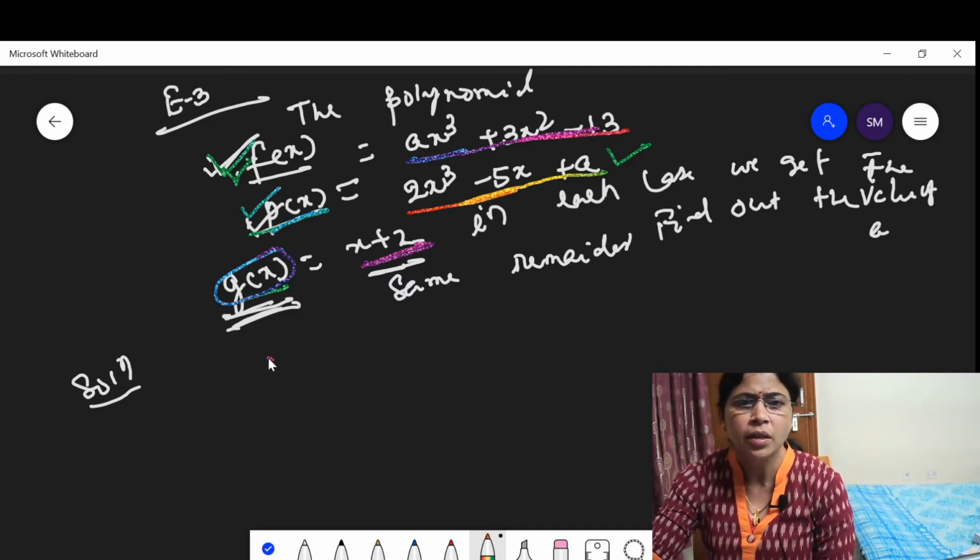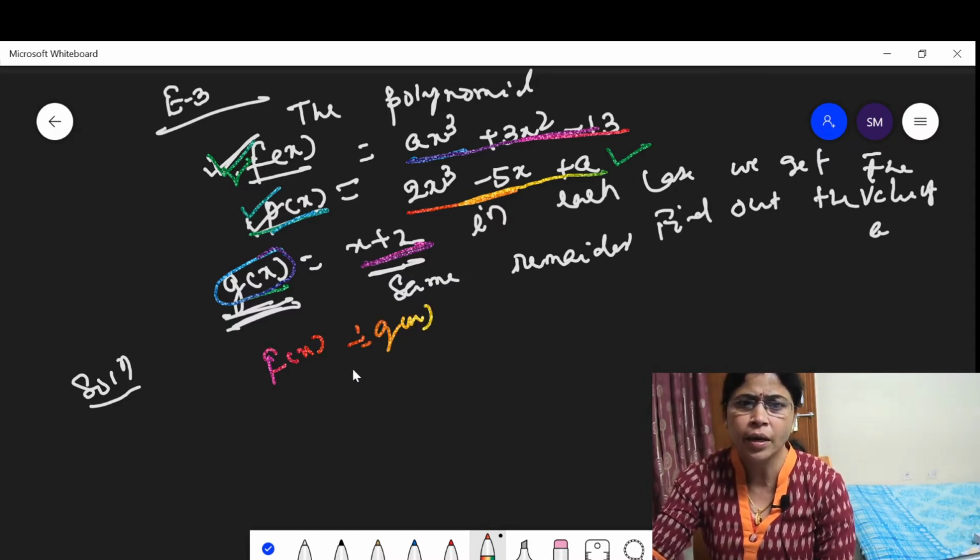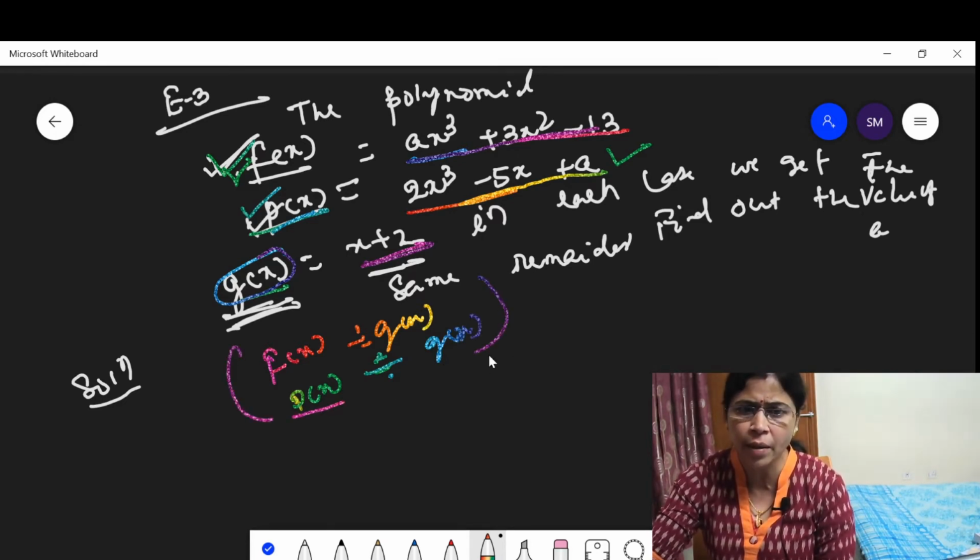This means the remainder when f(x) is divided by g(x) and when p(x) is divided by g(x) is the same in both cases.